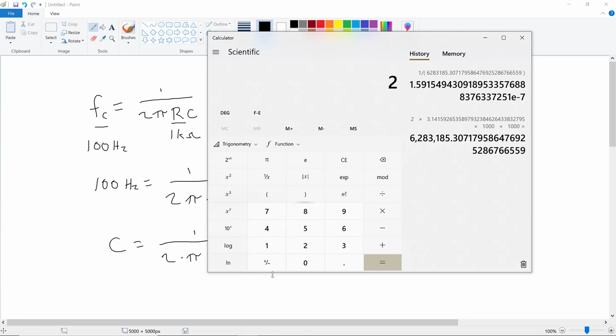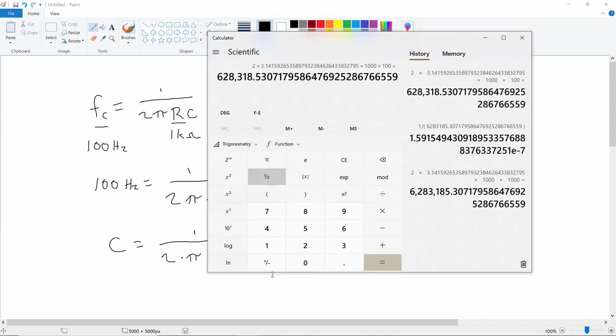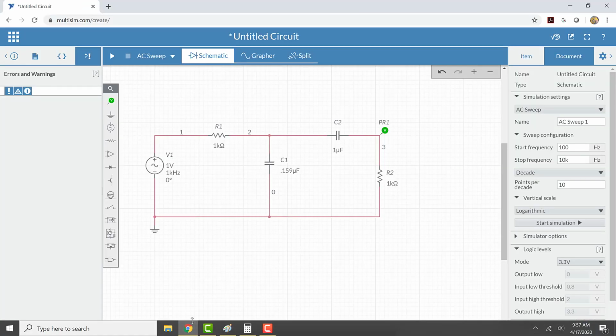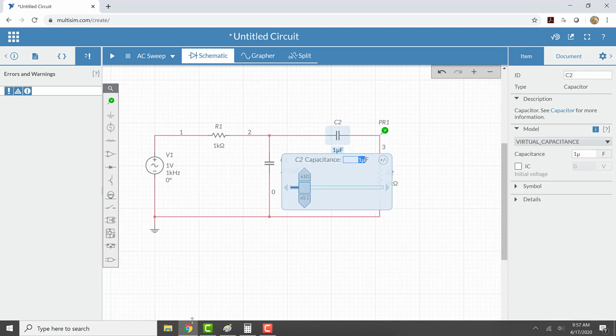So I'll say 2 times pi times 1,000 times 100 equals, and then I say 1 over that, and I get 1.59 times 10 to the minus 6th. Okay, so 1.59 micro. So then we'll go back to Multisim and we'll put that in. So instead of 1 microfarad, we'll make this 1.59 microfarads.